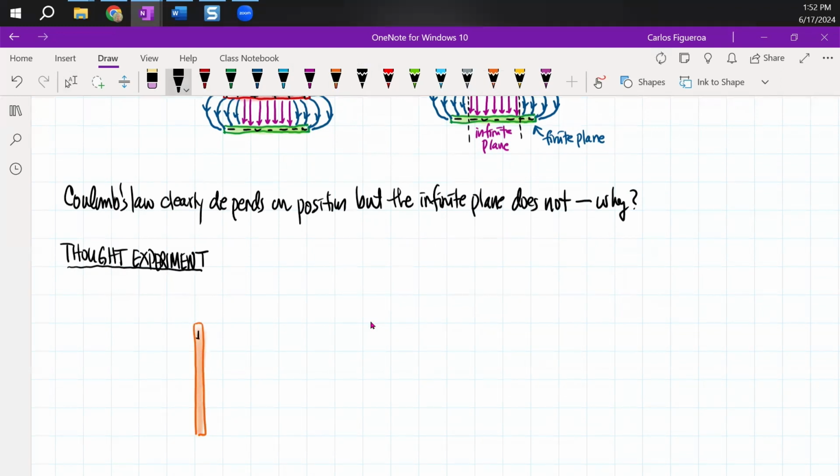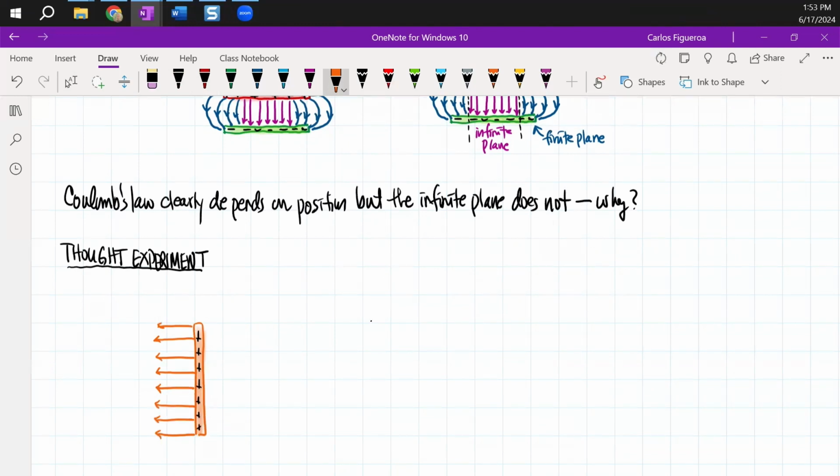So we know that this is the side view of an infinite plane, and it has field lines that look like this. I'm assuming that I'm close enough that all of the field lines are uniformly spread out as expected.